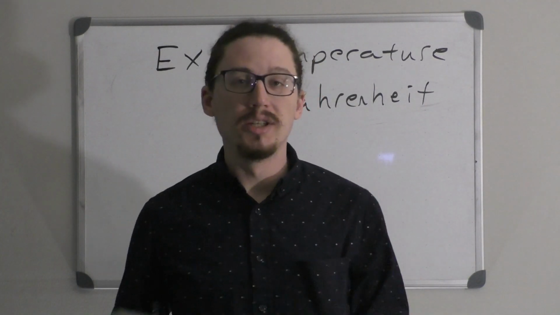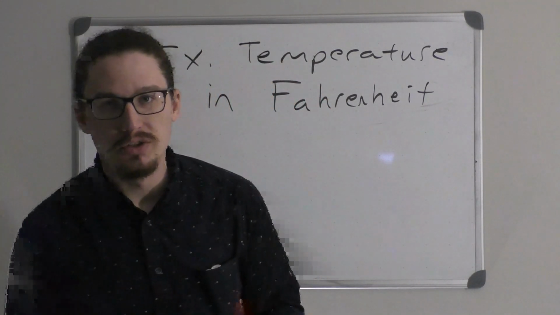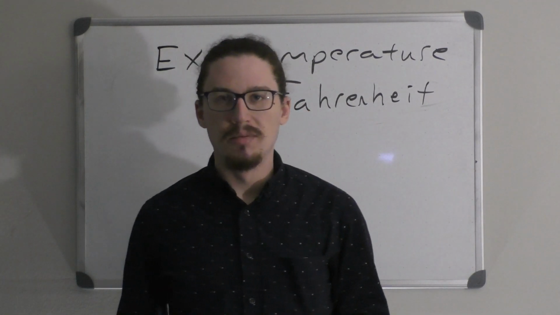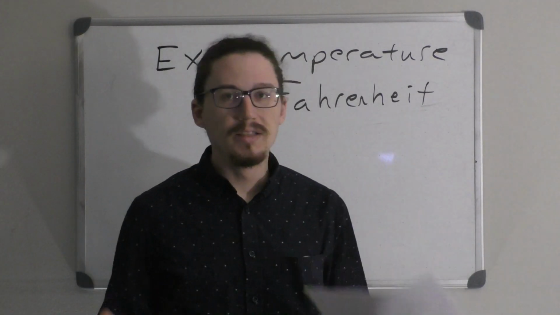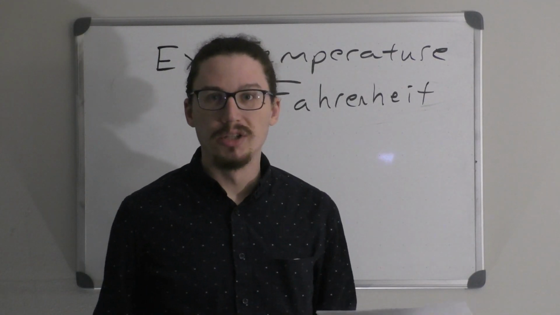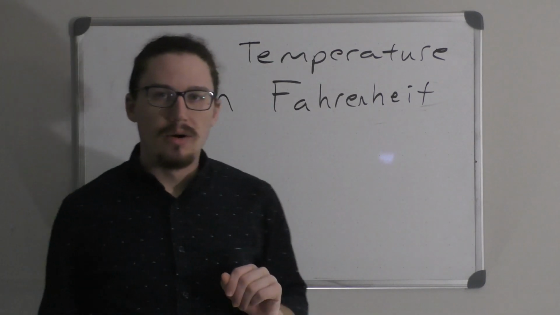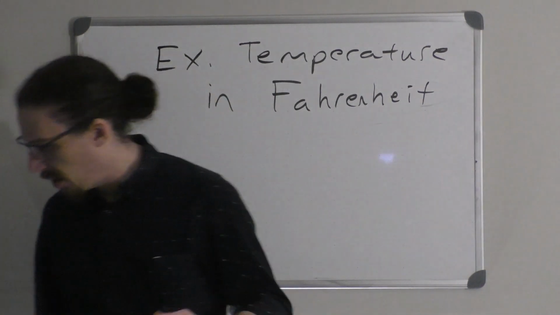We can do addition and subtraction with interval scale data, because we have those fixed units of measure. Without them, any addition and subtraction is not going to make sense. So even if we do it, it's not going to give us the information that we were actually looking for. So that is our interval scale data.